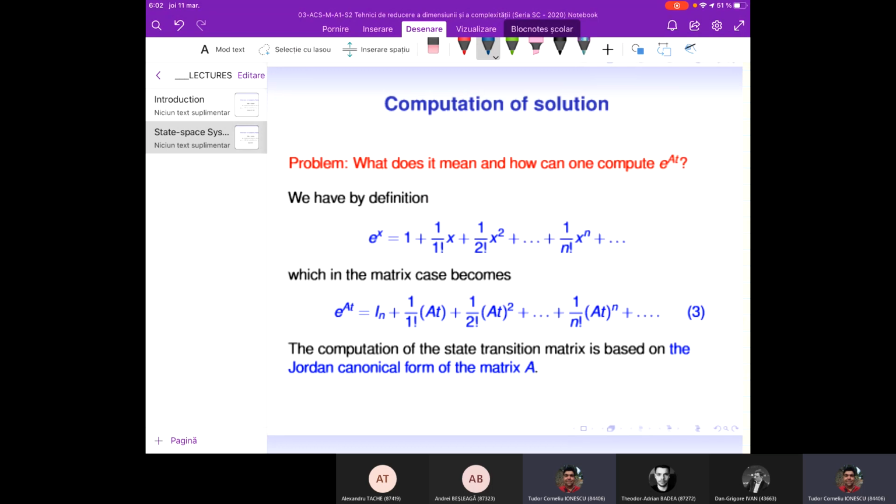By definition, and now I'm actually repeating what I've just told you about the matrix exponential, it's defined based on the Taylor series expansion of the classic scalar function e to the power x.